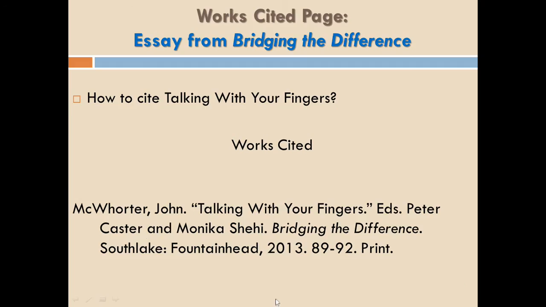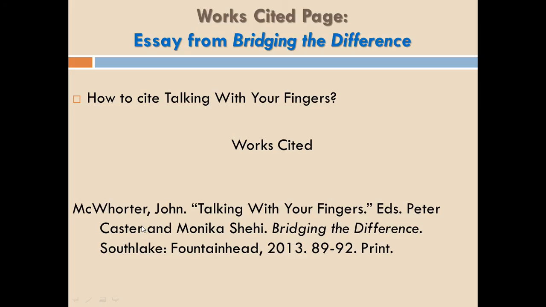Now, notice how the author is last name, comma, first name, but the editors are written first and last. So when it comes to names within your works cited entries, the only time you'll ever do last name, comma, first name is if you're listing your very first author. Meaning, if there's one author, it'll be last name, comma, first name.